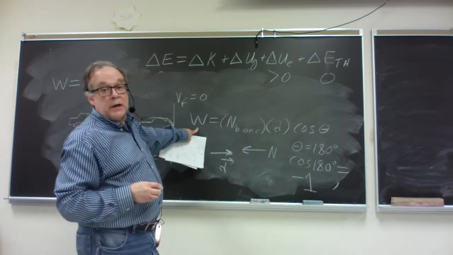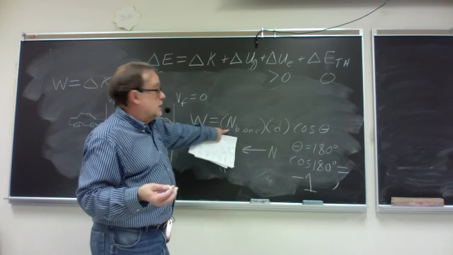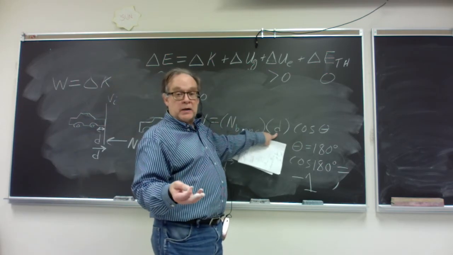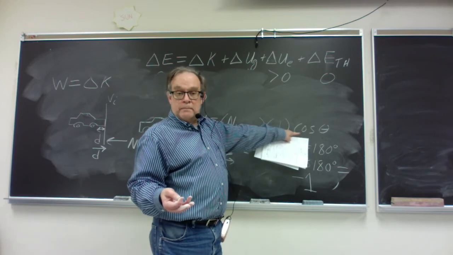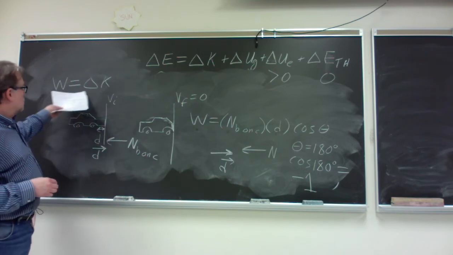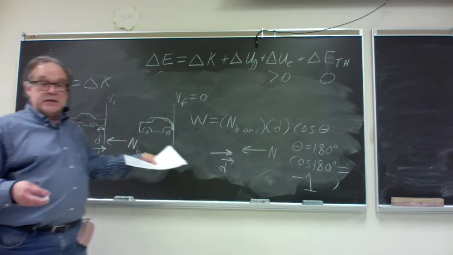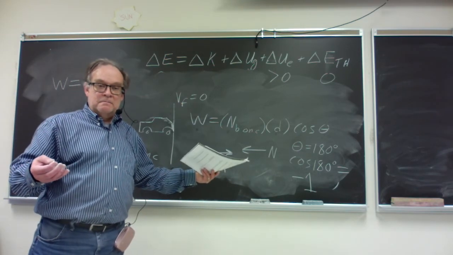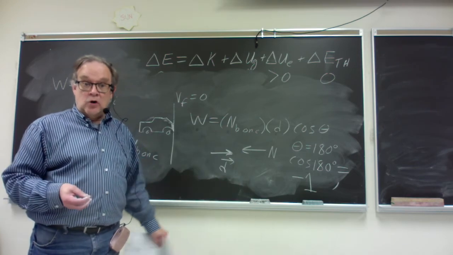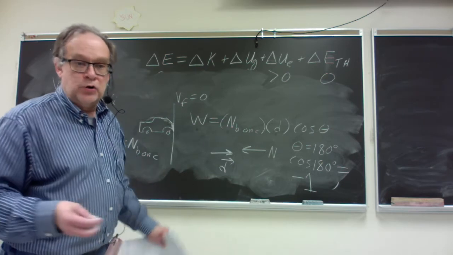So the work done on the car is negative. This is a magnitude, so it's positive. And this is -1. So that means the work done is negative. So the change in kinetic energy is negative, obviously, because the change in kinetic energy was a loss of all the kinetic energy that the car started with.